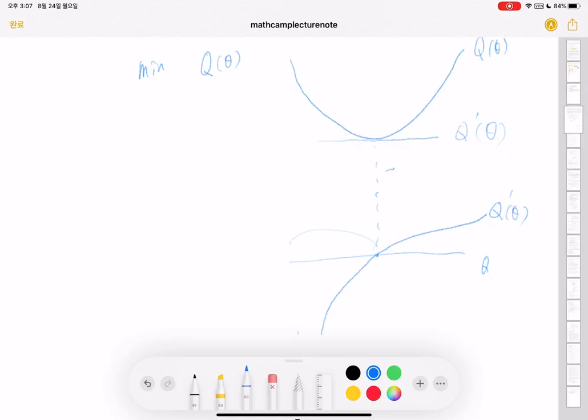So you can use the algorithm: theta s plus 1 equals theta s minus q prime of theta s over q double prime of theta s, until q prime of theta s is very small, right?